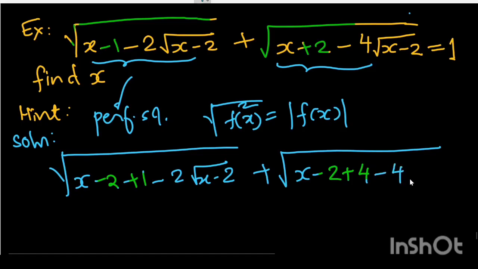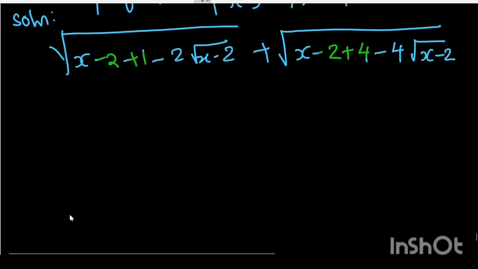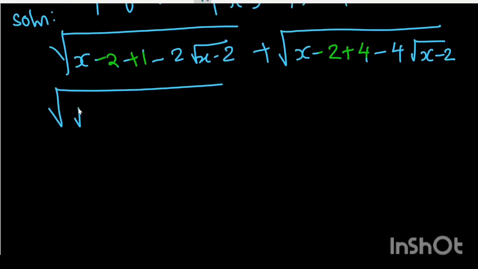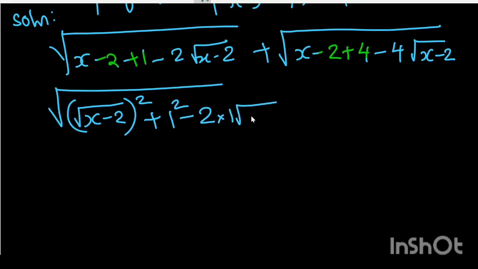Minus 4 under root of x minus 2. In the next step, we can write x minus 2 as under root of x minus 2 whole square. This 1 we can write as 1 square minus 2 into 1 into under root of x minus 2. So this term can be written like this.